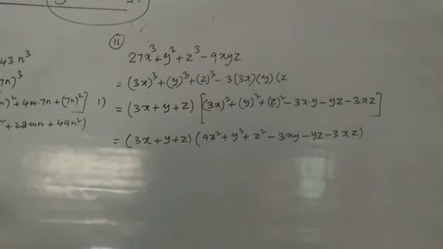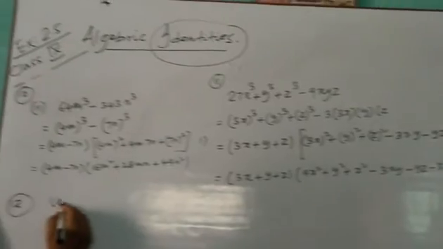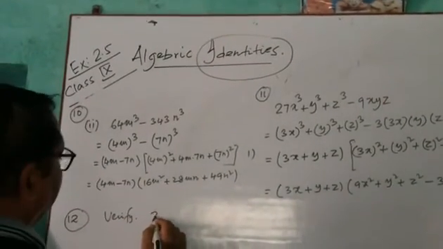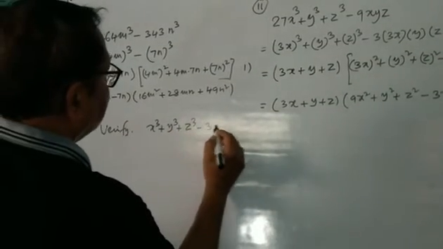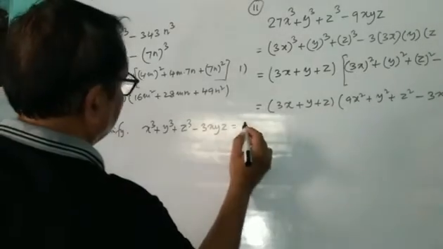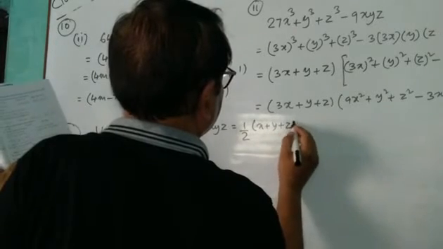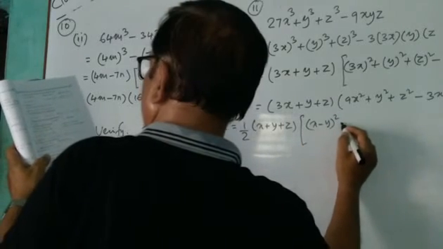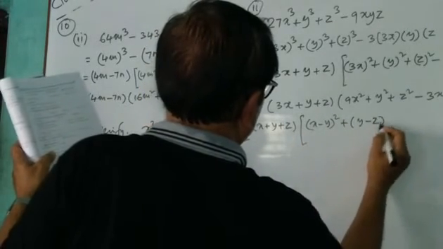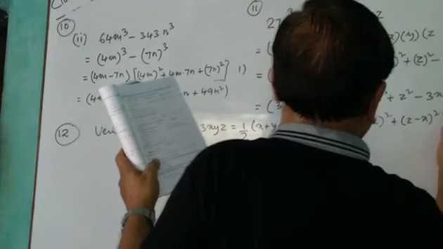Now, question number 12. Again, one of the very important questions. You have to verify that x cube plus y cube plus z cube minus 3xyz is equal to half into x plus y plus z into (x minus y) whole square plus (y minus z) whole square plus (z minus x) whole square.